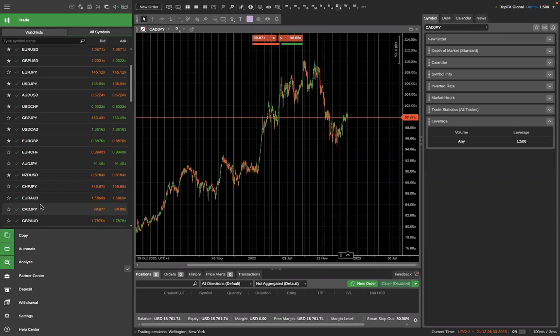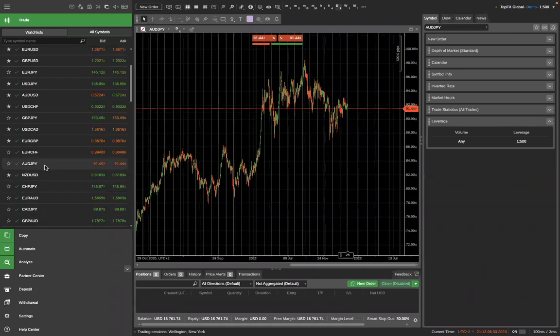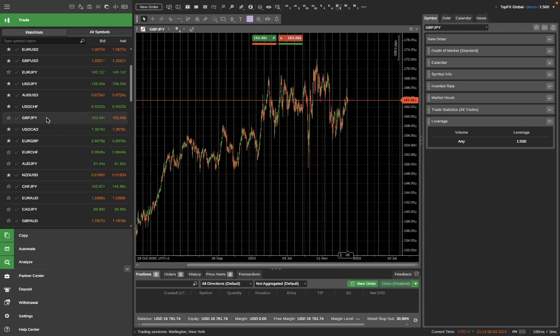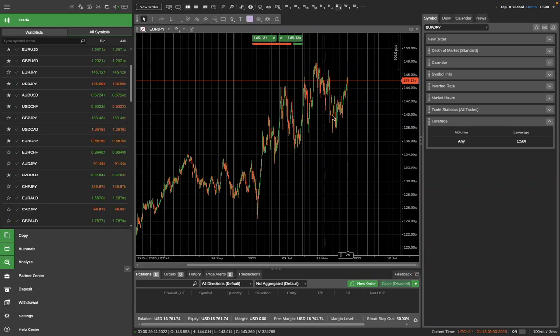Canadian dollar, Japanese yen. Australian dollar, Japanese yen. Can you see the slide? There you go. And that's another move to the downside, as present on the previous markets. British pound to Japanese yen. There you go. This is the slide. And another, euro to the Japanese yen. Here you are. You see?